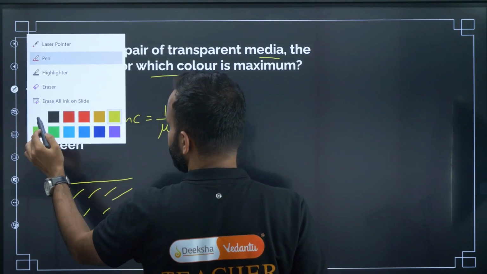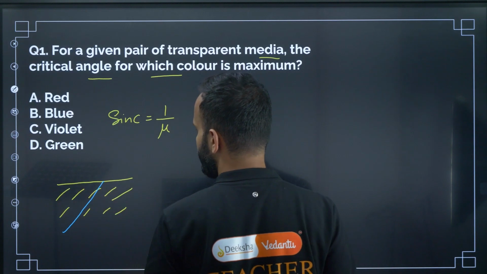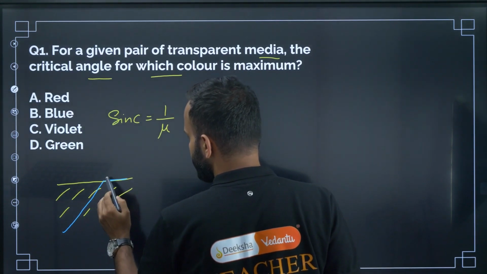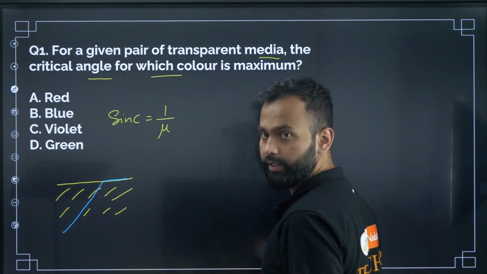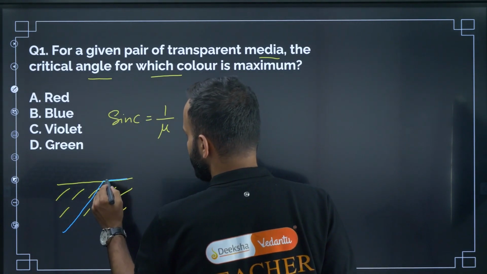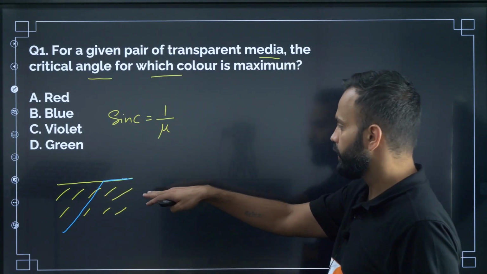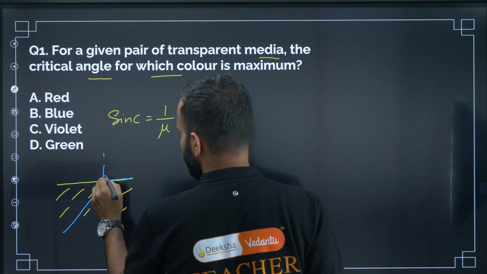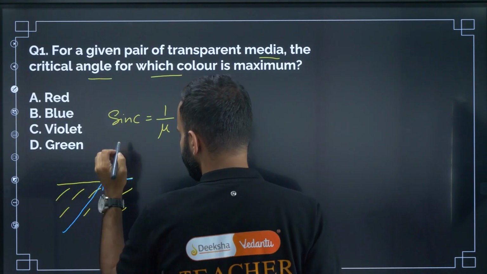The light ray moves from the denser medium to the rarer medium. This is the interface between the denser and rarer medium. Here the light ray moves along the surface of this interface, and the angle of refraction is 90 degrees.